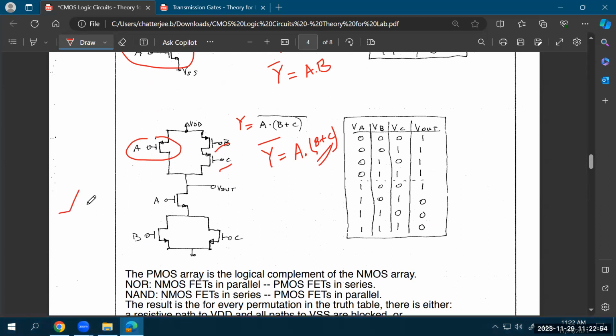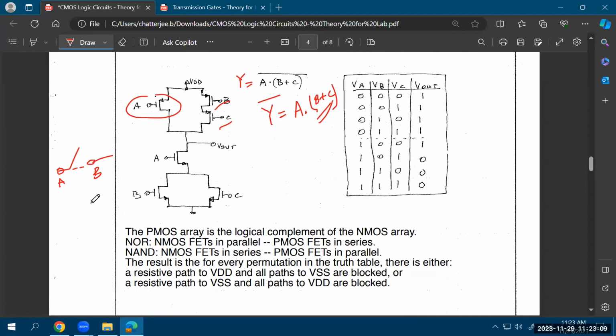Even if you assume the circuit is open, say this point is A and this point is B, your assumption would be that because this switch is open, there cannot be any current flowing between A and B. That's the ideal world. In the real world, there would be some leakage current between A and B, but that leakage current will be very small.